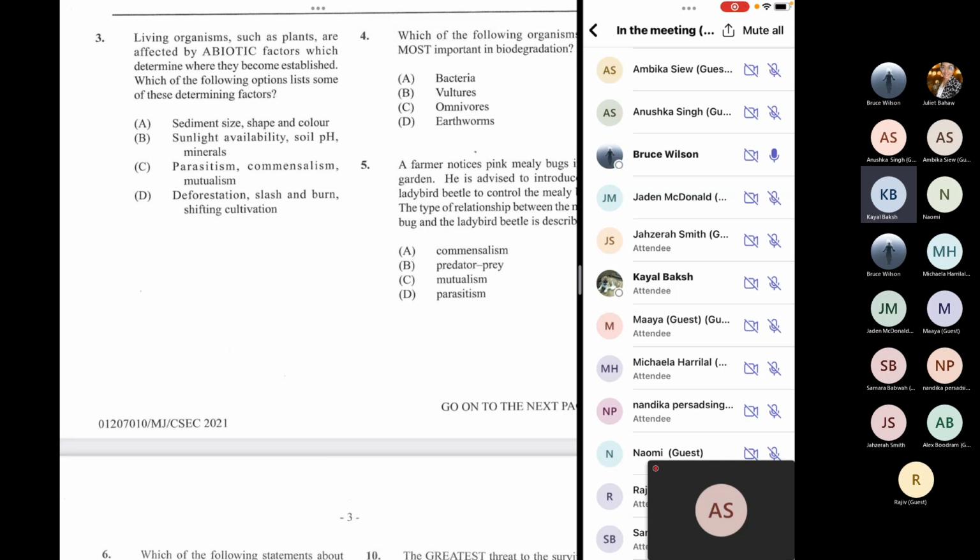Which of the following options lists some of the determining factors? Miss, I put B. B is correct. Sunlight. Abiotic is the non-living factors. So sunlight availability, soil pH, and the minerals, right? Those are non-living.